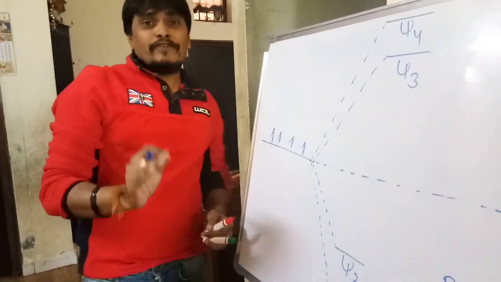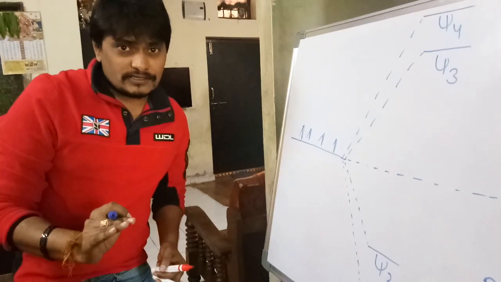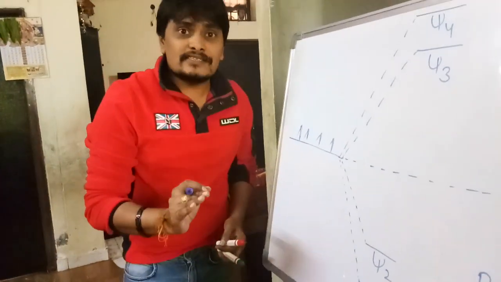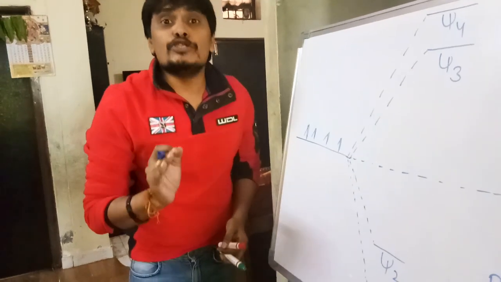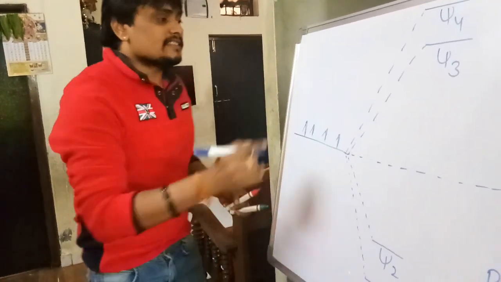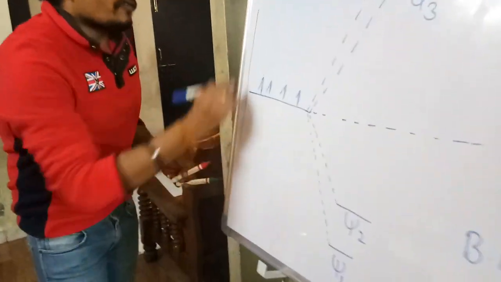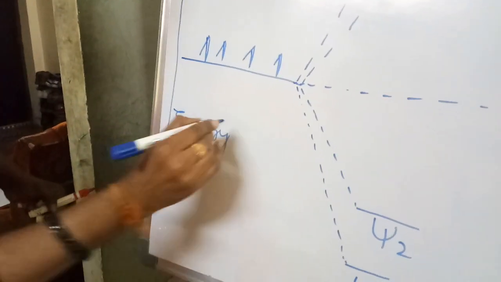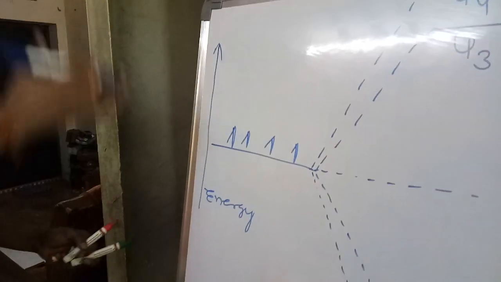Since we are having 4 molecular orbitals, which will be the psi 1? Psi 1 is the pi with positive pi, because as we move up, what will happen to the energy? Energy will increase.